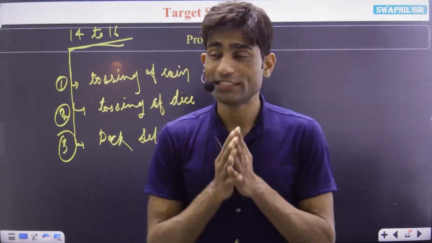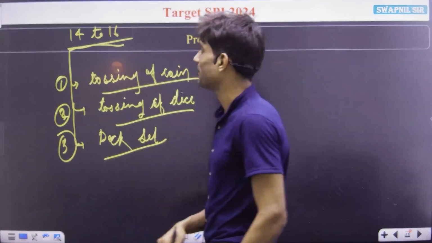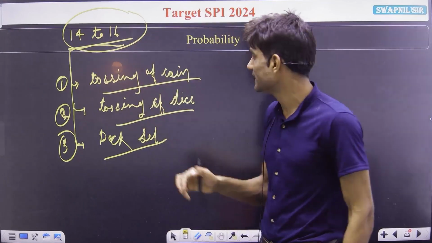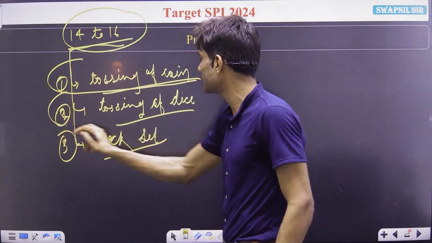That means questions based on these three topics mostly occur in your question paper, and within those 14 to 16 questions all are based on this main part.